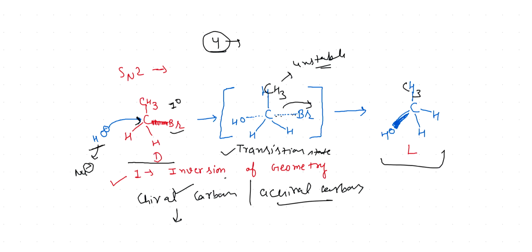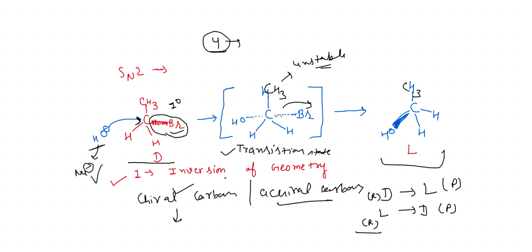It means if you are taking the reactant in D form, then it will convert into L form. If you are taking the reactant as L form, the product you will get will be D form. This is the product, and here is the reactant. Its geometry will be inverted. Why? Because on whichever side the leaving group is present, the nucleophile will always attack from the opposite side. So this is represented in this mechanism.